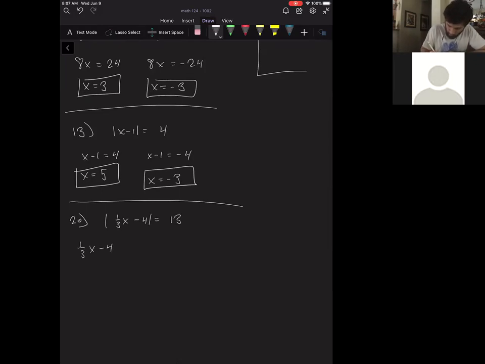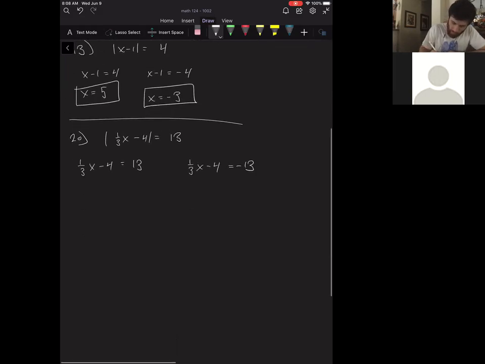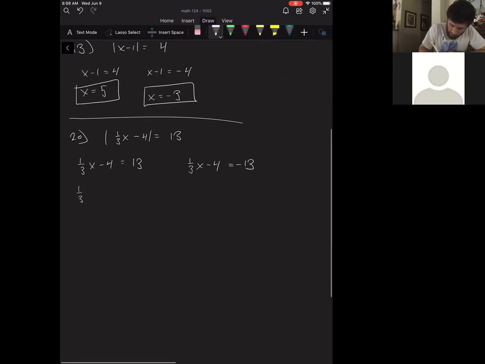So that's going to equal 13, and it's also going to equal minus 13. So just add the 4 over. We're going to get 1/3 x is equal to 17. Then we multiply by 3. So x is going to equal 30 plus 21, 51.